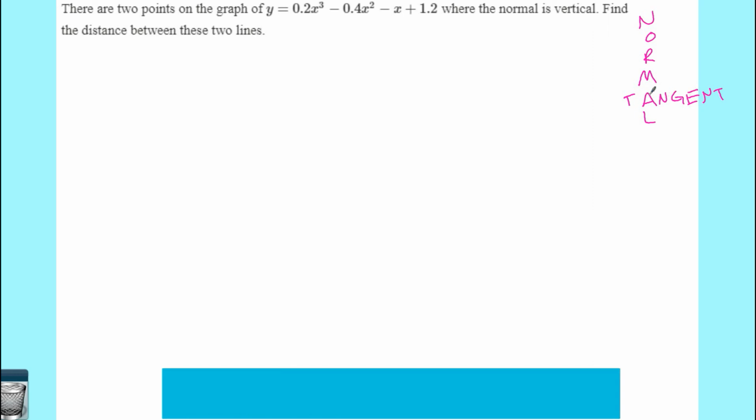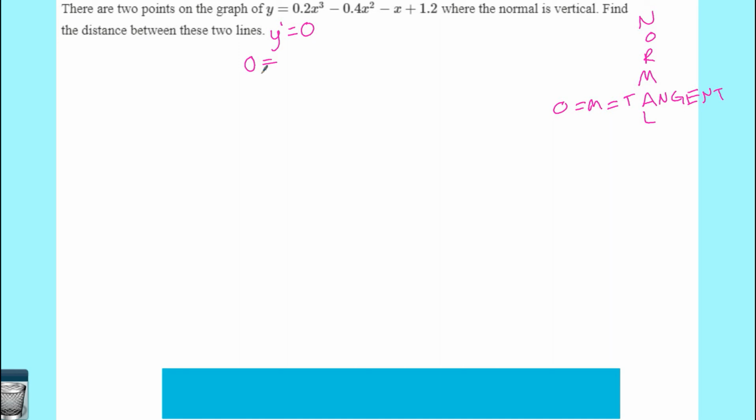Like how I did that, didn't you? So if the tangent is horizontal, then the slope of the tangent line must be 0. So the derivative of this equation must be 0. So 0 equals the derivative.